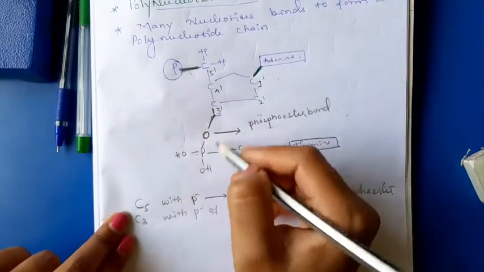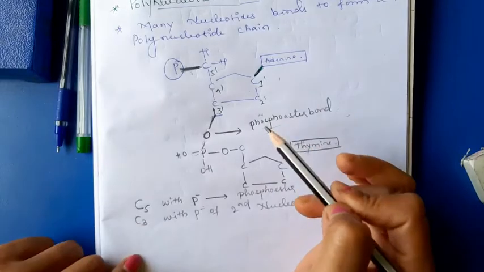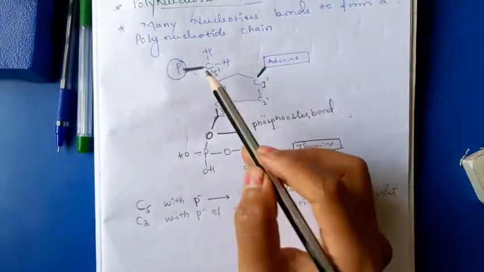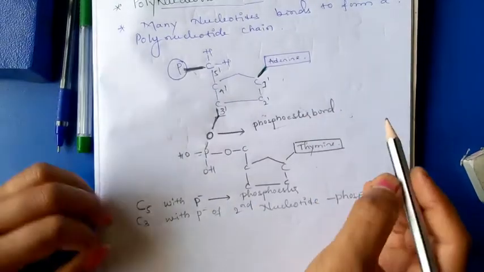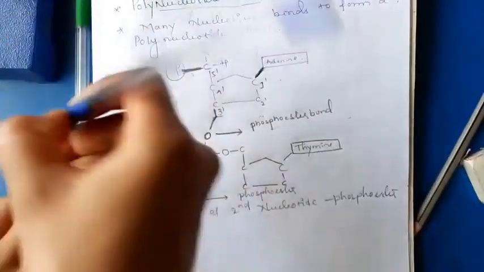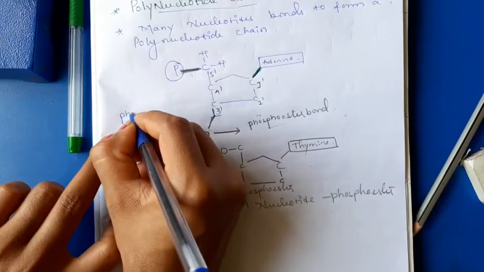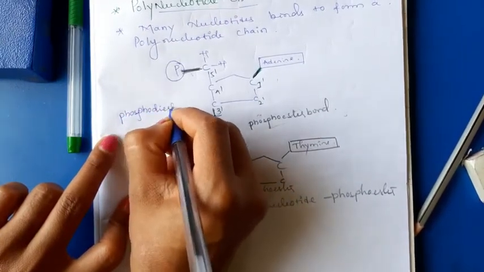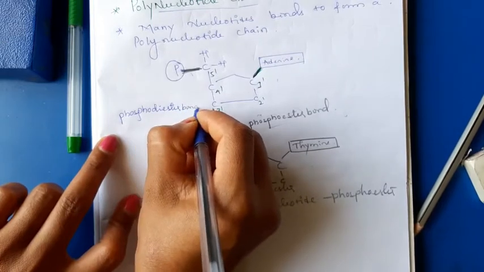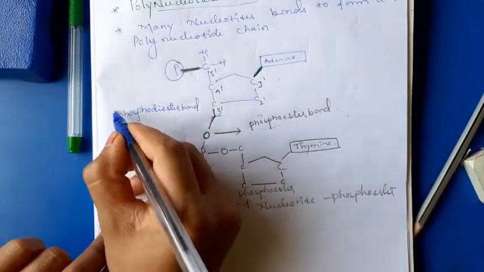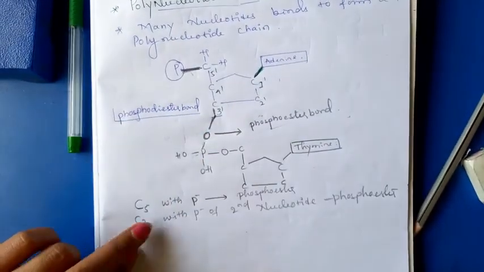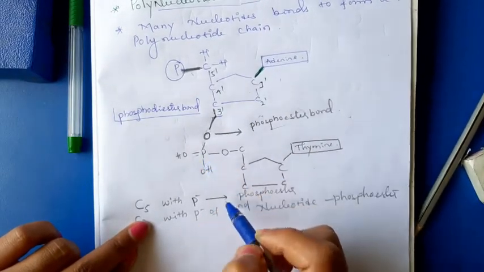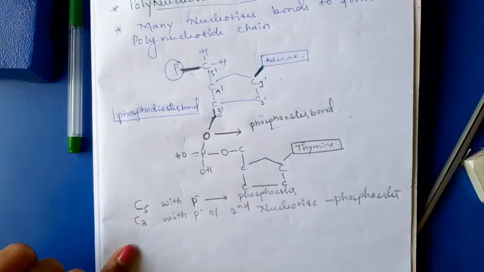Okay. For only one nucleotide you can see the two phosphoester bonds. We can commonly say that it is a phosphodiester bond. Okay. This is the bond which is present in the third carbon atom with the phosphate group of the second nucleotide.